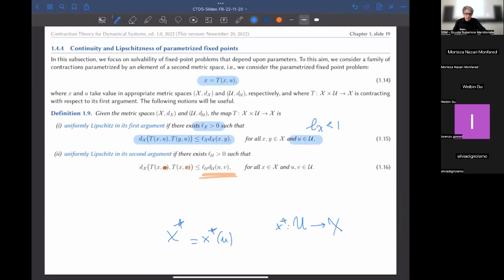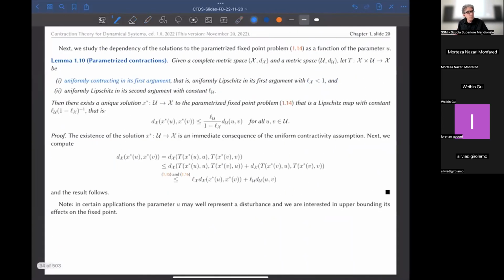So what the parametrized Banach contraction theorem proves is that there exists a unique solution to the fixed point problem.